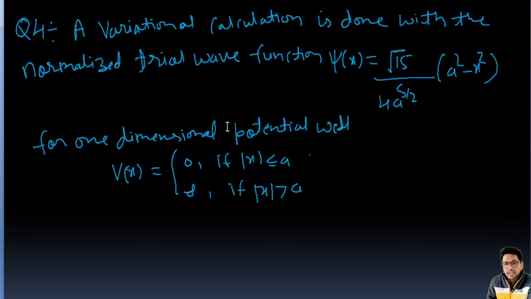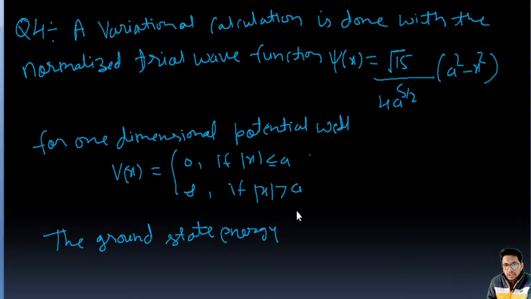So the ground state energy is estimated to be: option A, 5ħ² upon 3ma².